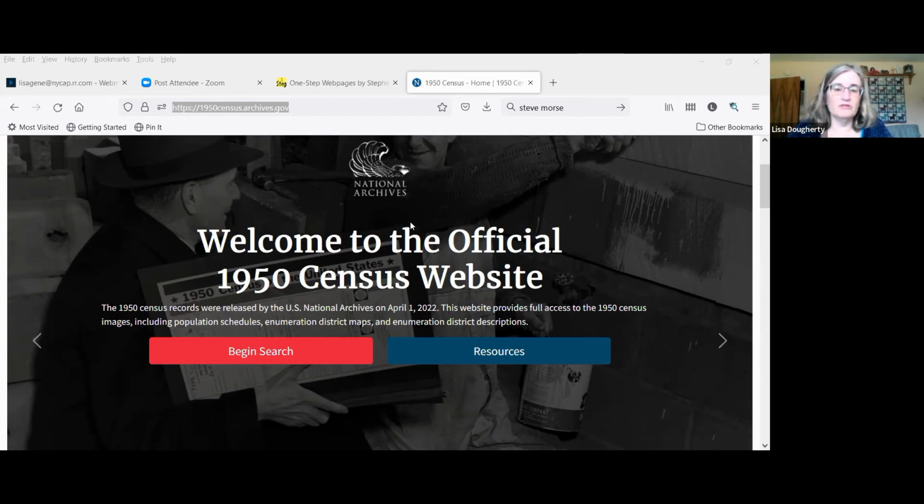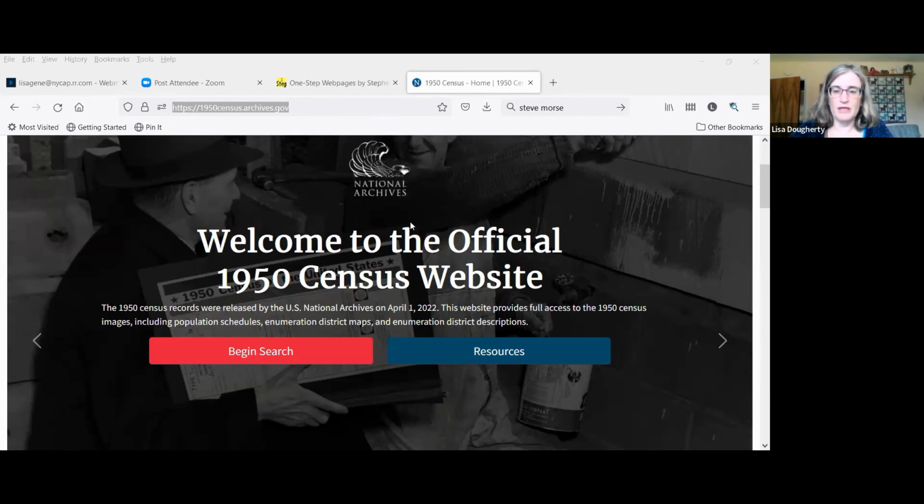There's a lot of information on the NARA website, but it mostly has to do with their holdings and the things they physically have in their repositories. So you are not going to find a lot of searchable content as far as names go, but you will find out about the types of records the National Archives has at their physical facilities.